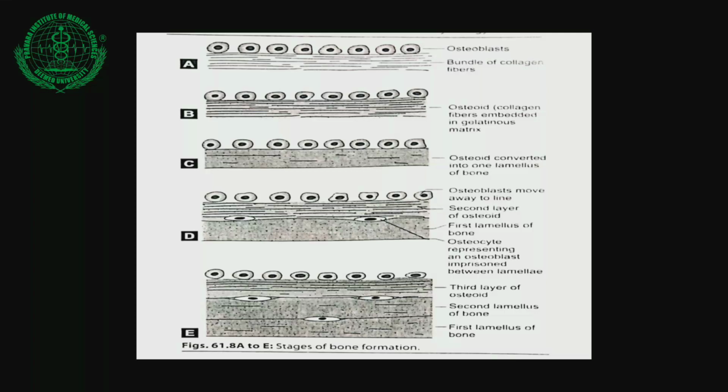The osteoblasts synthesize collagen and extrude it into the adjacent extracellular space, and the collagen fibrils form the organic matrix of the bone, which is called osteoid. In the osteoid, calcium phosphate is deposited, which is called mineralization of the bone.